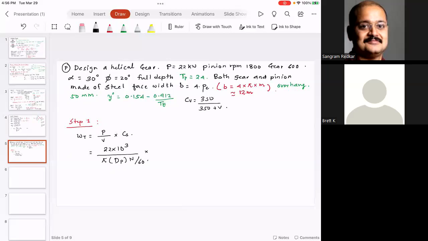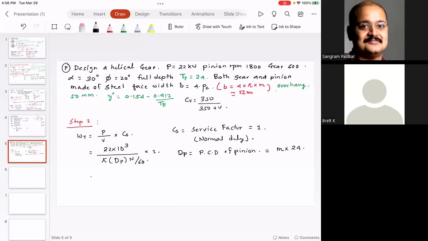At this point, we don't know CS, which is the service factor, so we assume it is equal to 1. So we would say normal duty. Multiplied by 1, dp, which is equal to the pitch circle diameter of pinion, is going to be m times number of teeth, which is 24.